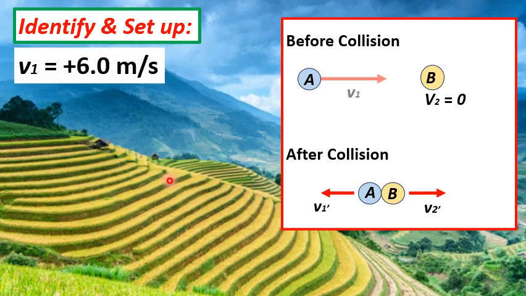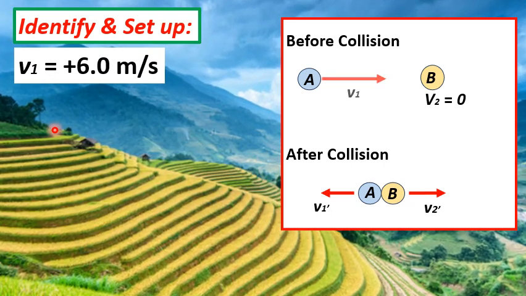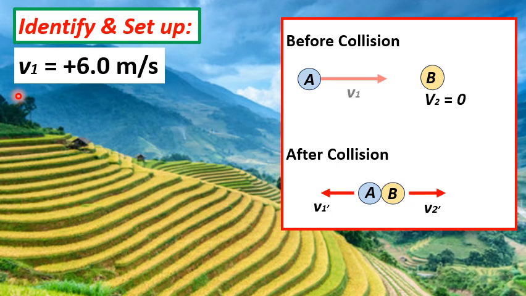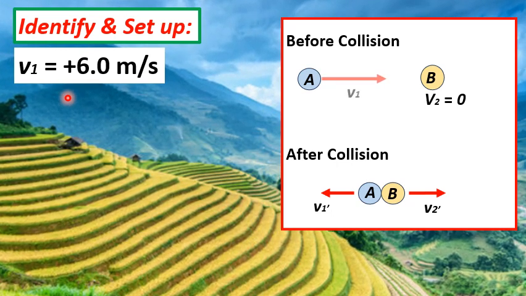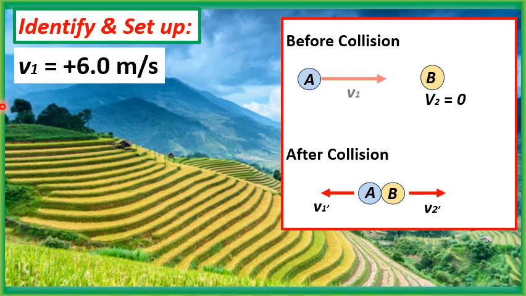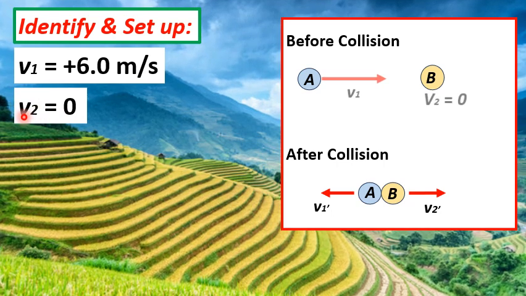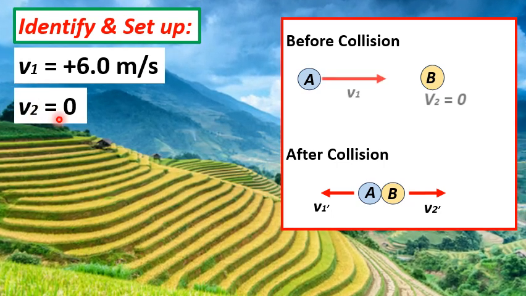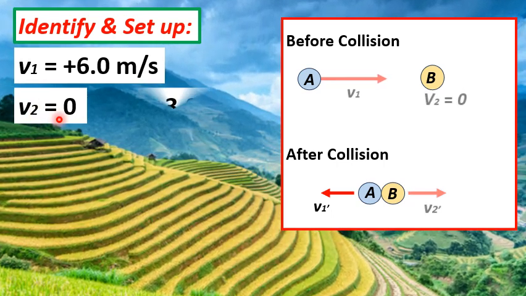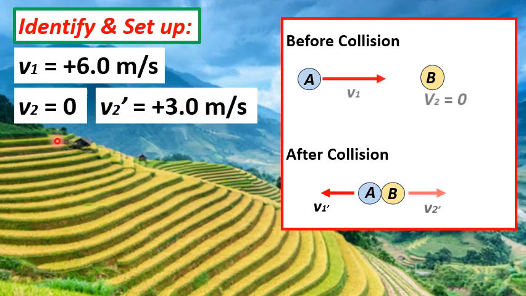As illustrated in the figure, object A is moving at a constant velocity v sub 1 equal to positive 6.0 meters per second and is about to hit a stationary object B. Just after the perfectly elastic collision, object B has half the velocity that object A had before the collision.